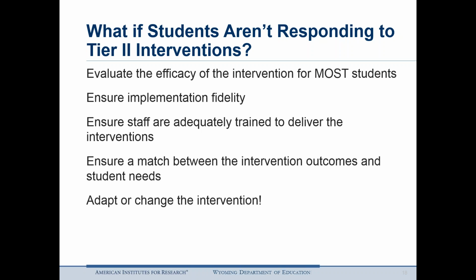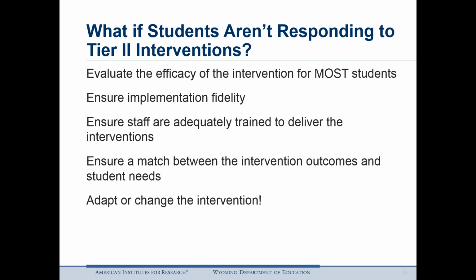If only a few students are not responding, teams should do the following: ensure implementation fidelity, ensure staff are adequately trained to deliver the interventions, and ensure a match between the intervention outcomes and student needs before changing individual interventions.